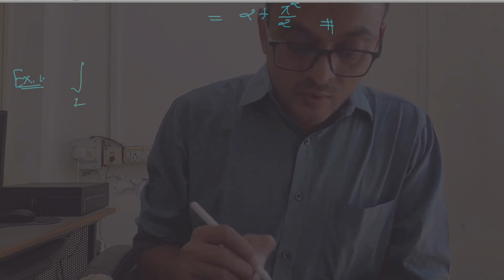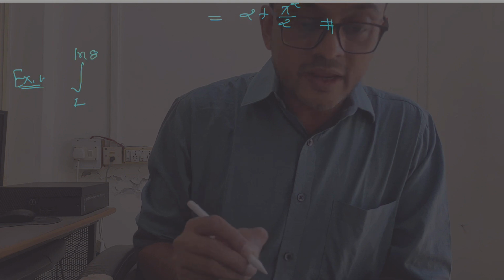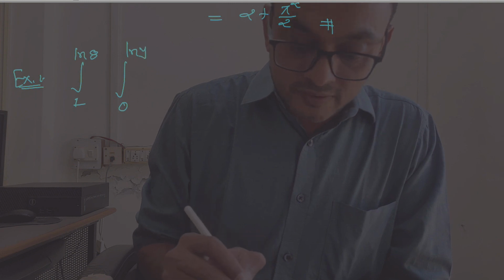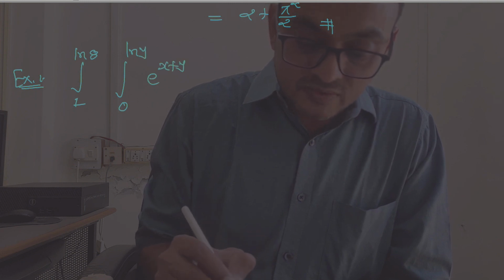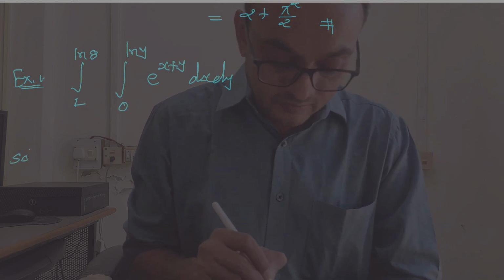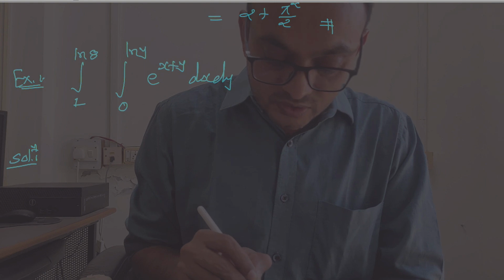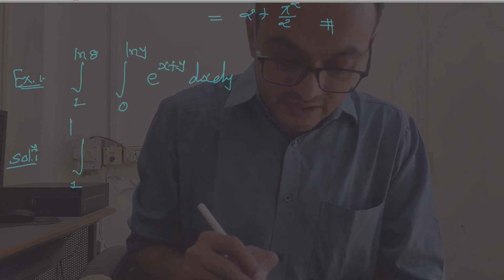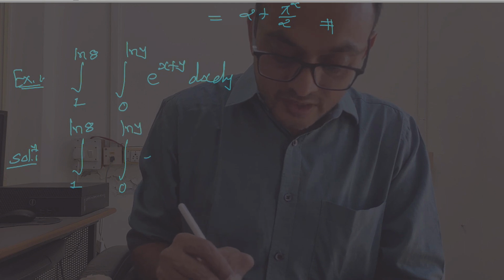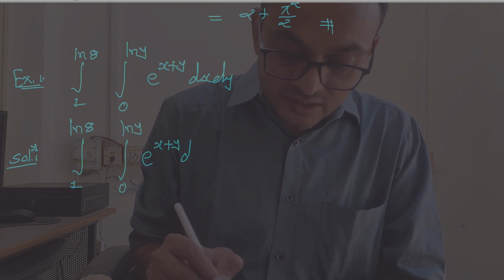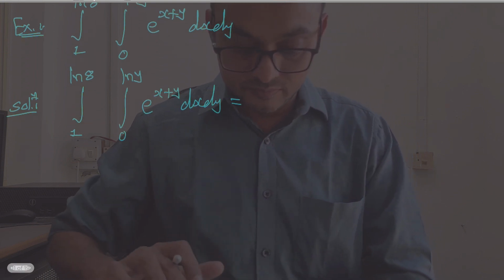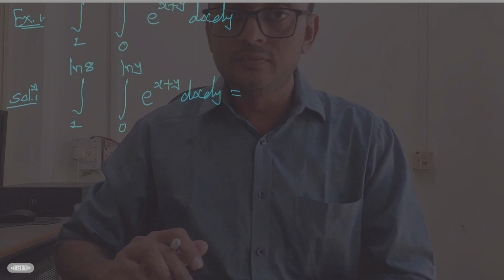Integration over 1 to ln 8, integration 0 to ln y, e raised to x plus y dx dy. What is the solution? The left hand side, integration 1 to ln 8, 0 to ln y, e raised to x plus y dx dy equal to, what I do?